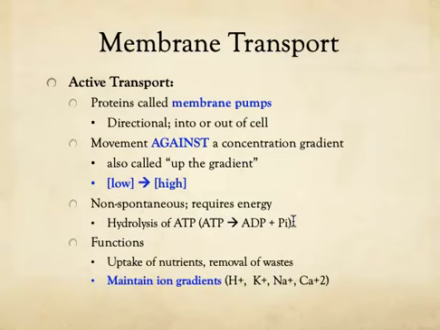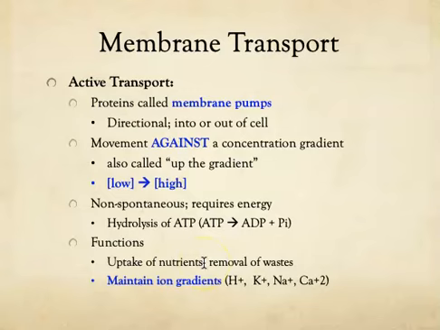Now, why would a cell want active transport membrane pumps? Well, if you think about things like taking in nutrients or removing wastes, those things might have to occur against a gradient. Think about a cell that is taking in nutrients, for example, from the outside environment.